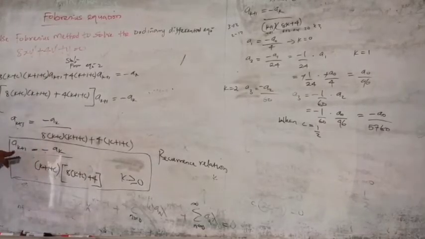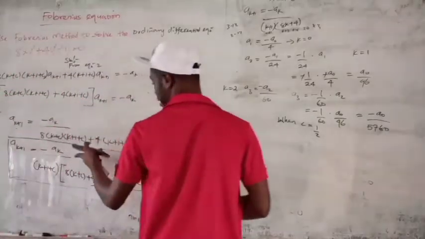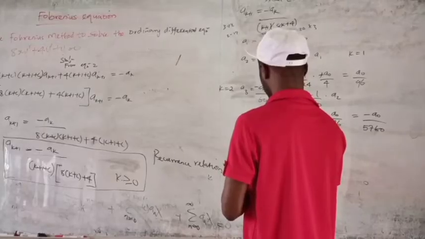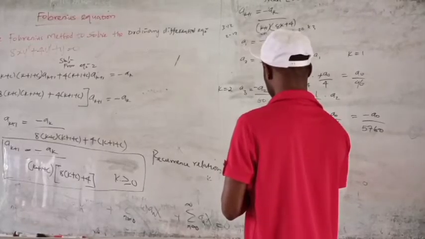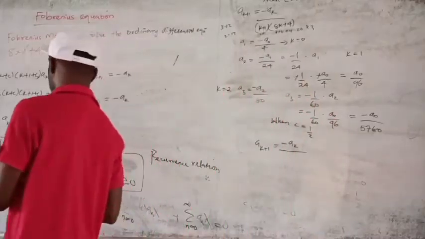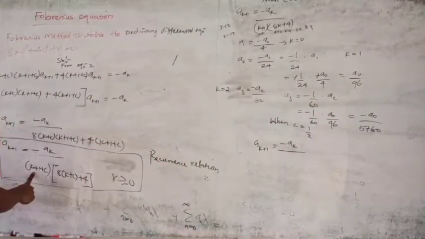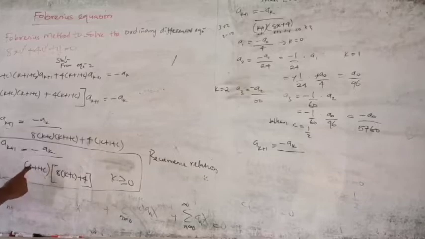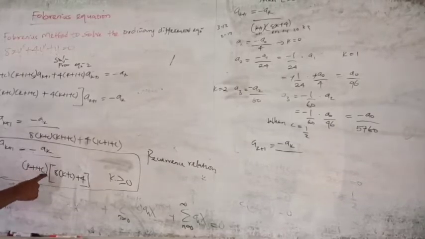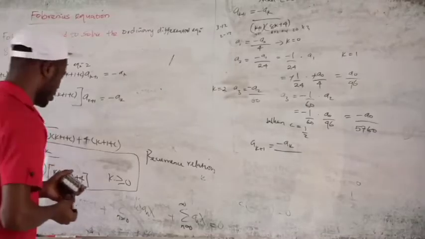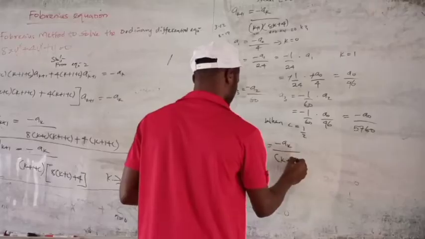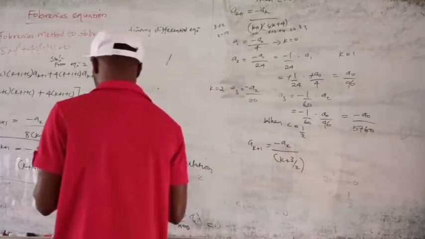So of course, from here, I have a subscript k plus 1 is equal to negative a subscript k divided by, I know that my c is equal to 1 over 2. So I have k plus 1 over 2, which gives me, first bracket, k plus 3 over 2. That is for the first bracket.